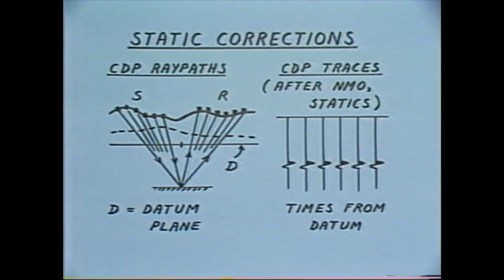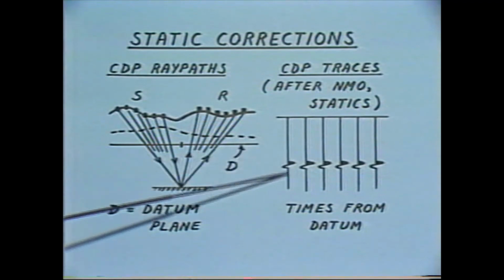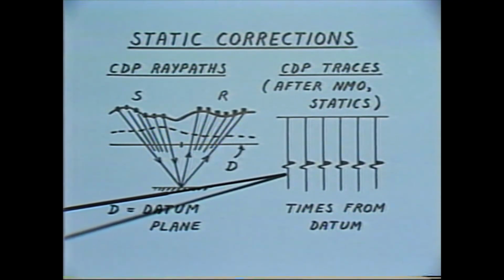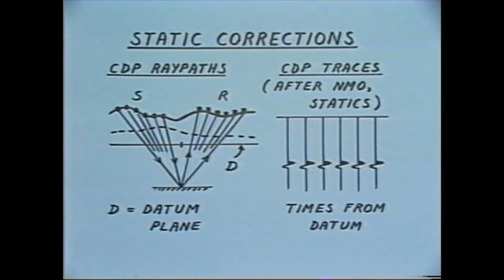So since these time corrections are just constant time shifts of each individual trace, they're called static corrections. This is in contrast to the normal move-out corrections, where we have to correct for different normal move-outs down the trace, and therefore the normal move-out correction is a time shift which varies with record time, and for that reason it's often called a dynamic correction.